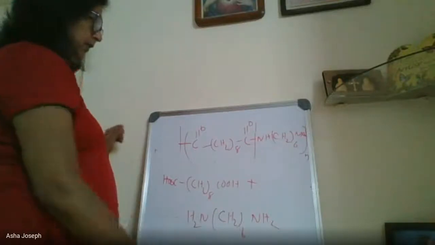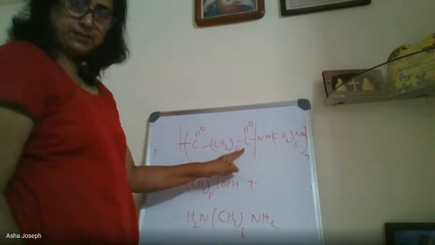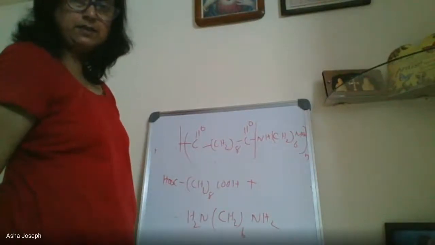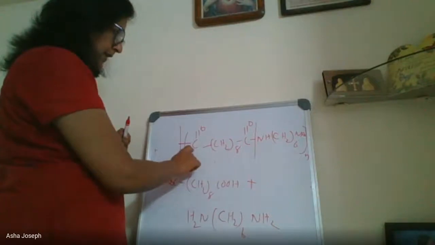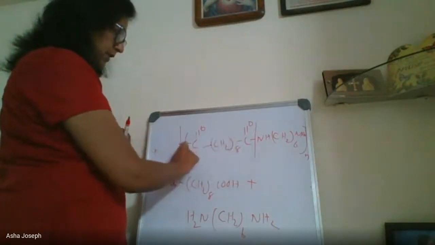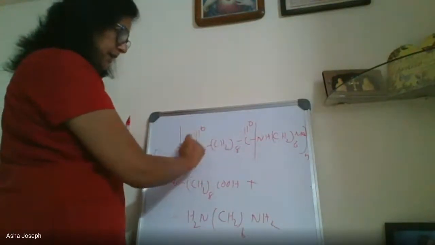Once more, please, ma'am. Okay. So this was the polymer given, structure given in the question, and they asked you which are the monomers. If you look at the polymer, you can see COOH, the OH is not written. So this part is a dicarboxylic acid.